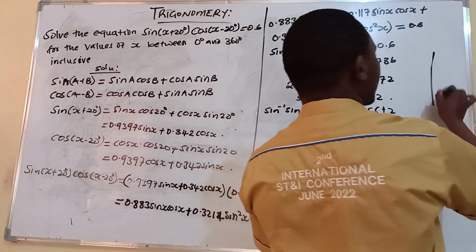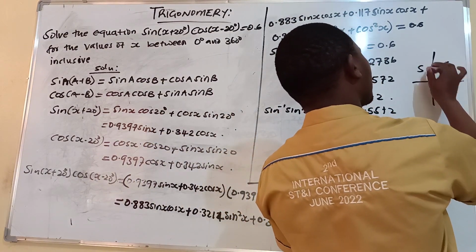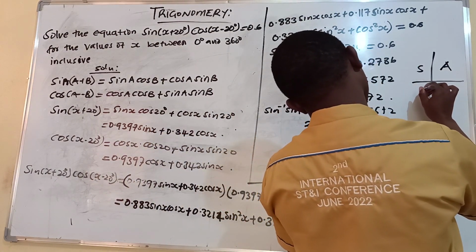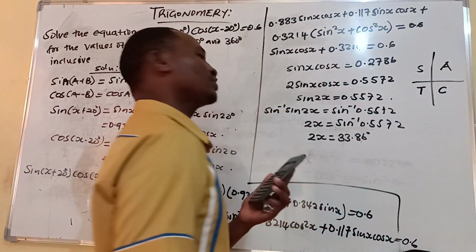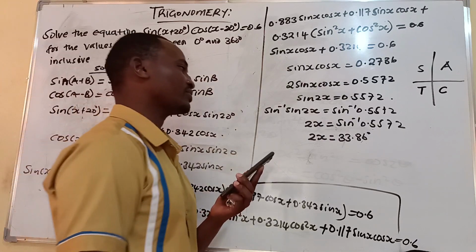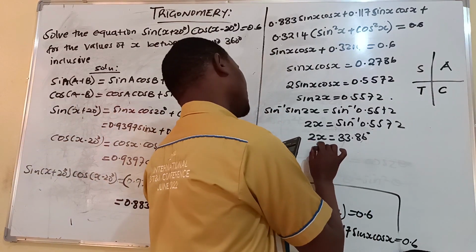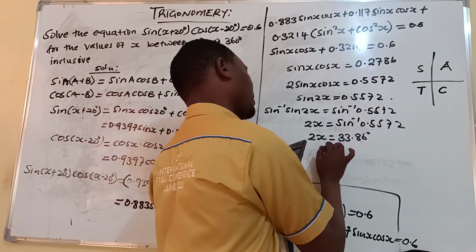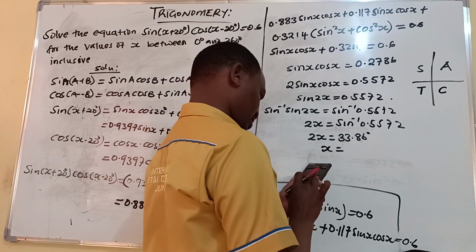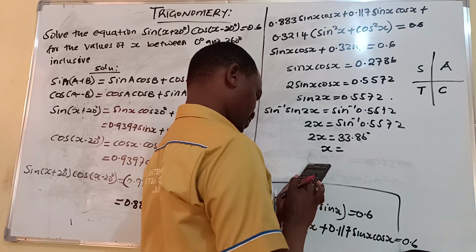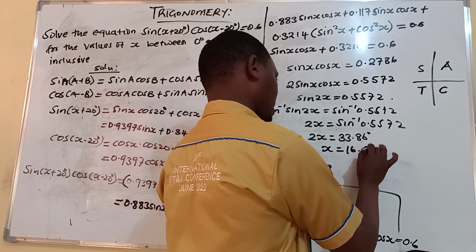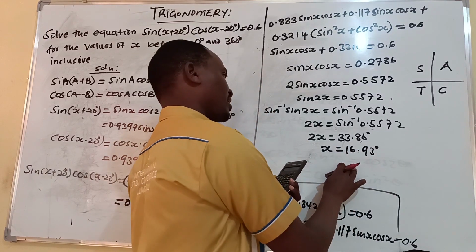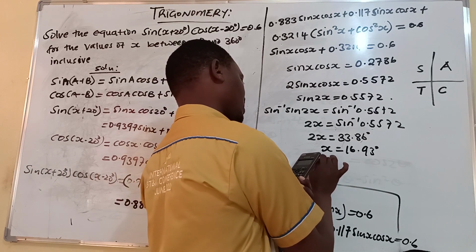But sin is positive in the first and second quadrants, so we want answers in the first and second quadrants. For the first quadrant, if you divide both sides by 2, the first value of x is 16.93 degrees.